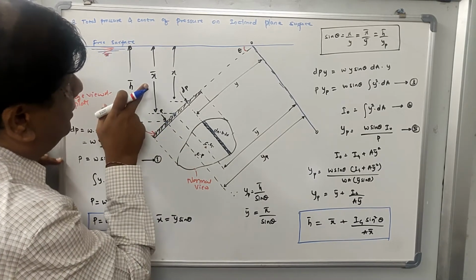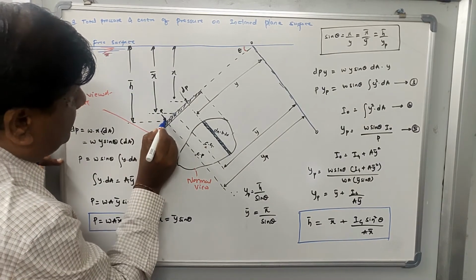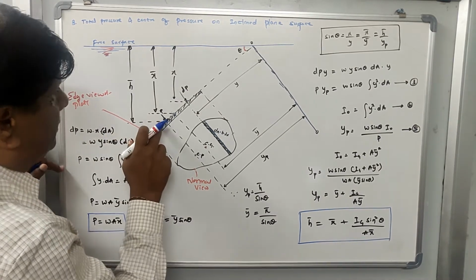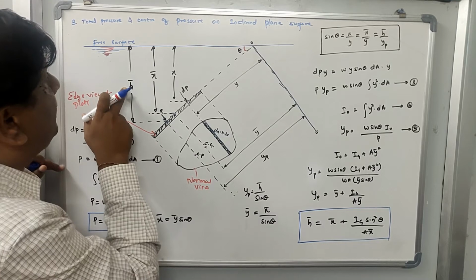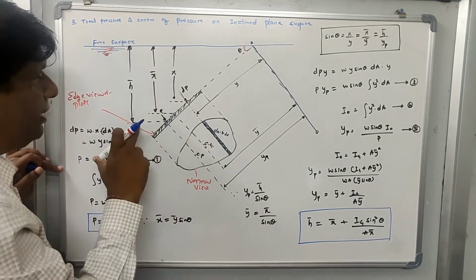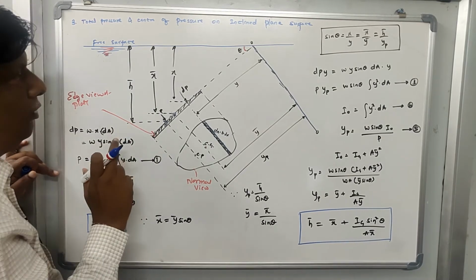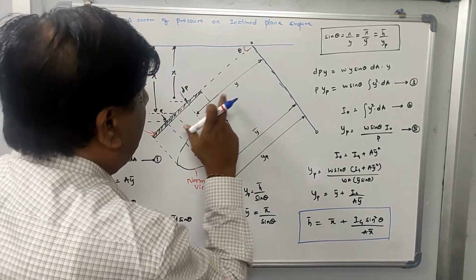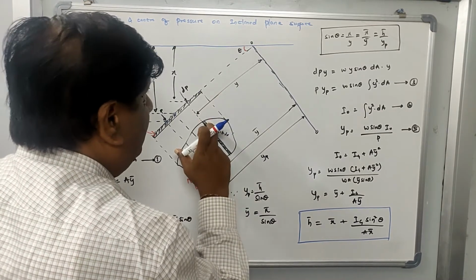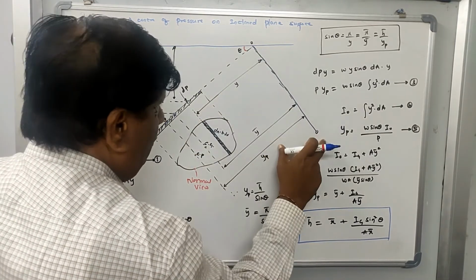What is h bar? H bar is again the vertical height between the free surface and the CP point. Similarly, y is the depth of the strip from the axis OO.